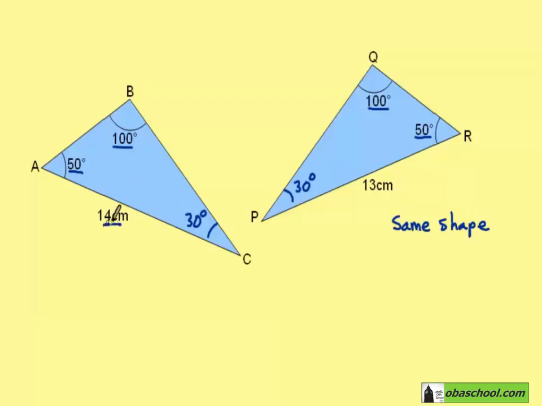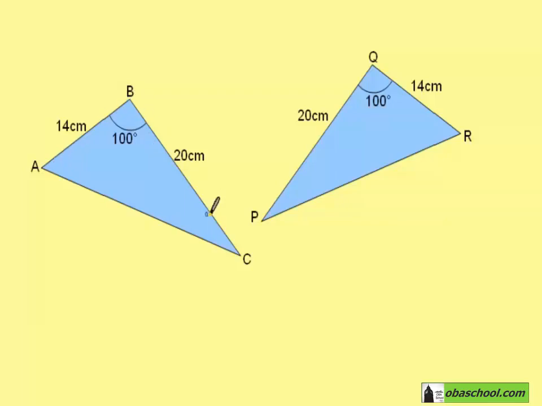However, if we look at the corresponding sides that we know, one is 14 centimeters and the other 13. So they're a different size. That means that the triangles are similar, not congruent.